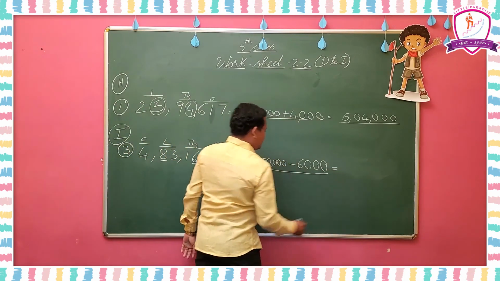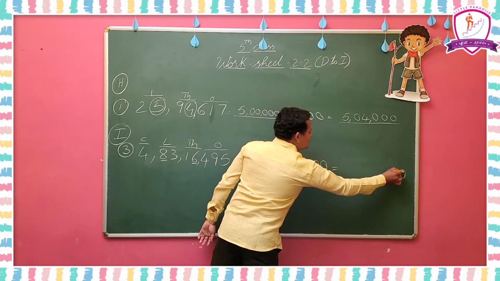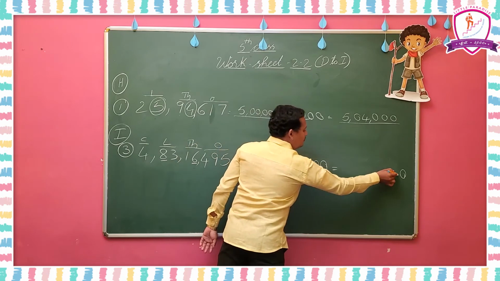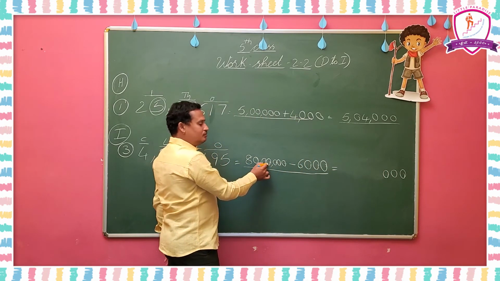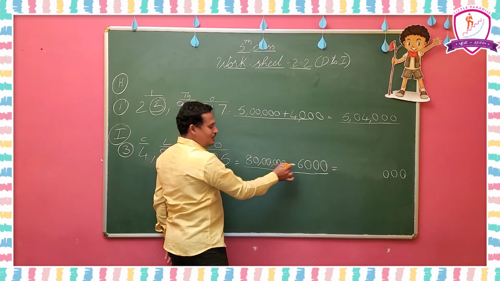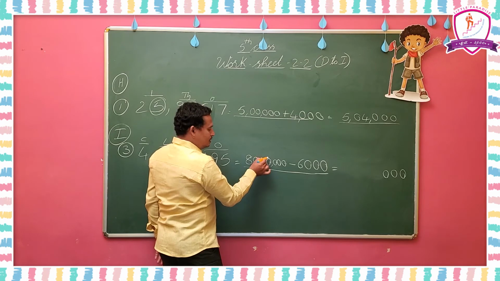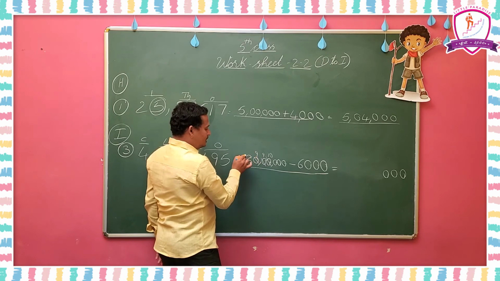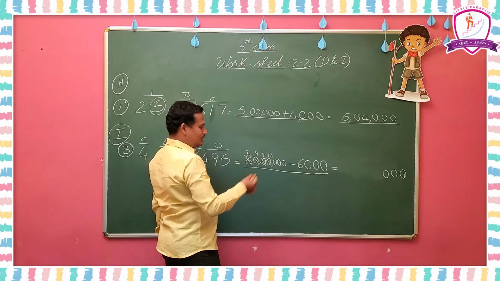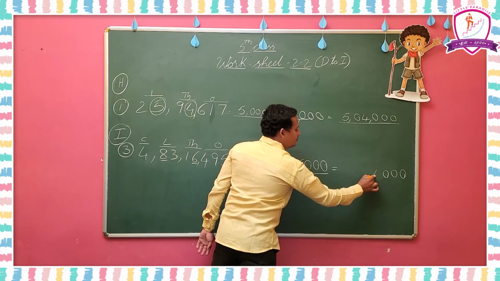Then go for subtraction. Here in the 1's place write 0, in tens also 0, hundreds also 0. In the thousands place, when subtracting, 0 is there but we can't subtract 6 from it. So we have to borrow, and here we write 10, and the next digit will become 9, and the next becomes 7. And 10 minus 6 you will get 4.